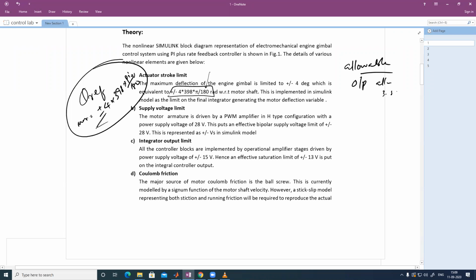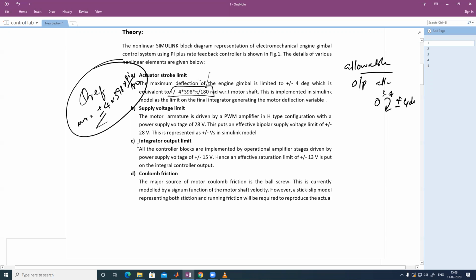So 3.83 will be the maximum you will allow, so it is not going beyond that. So it is an actuator stroke limit. The actuator stroke limit is the maximum allowable output deflection on the load side. On the load side it is plus or minus 4 degrees, so the motor side will be like this.